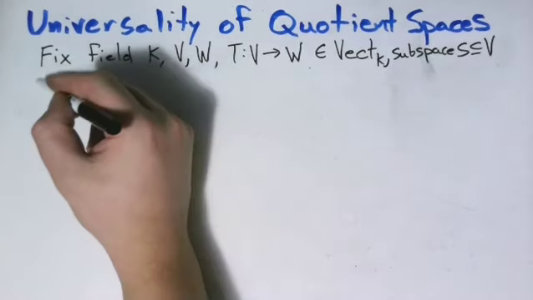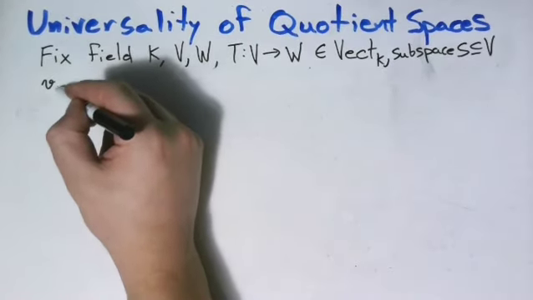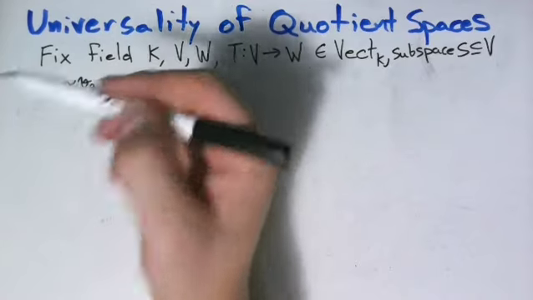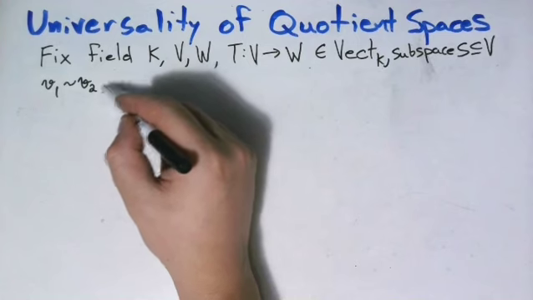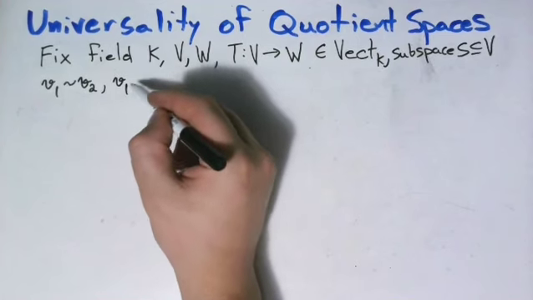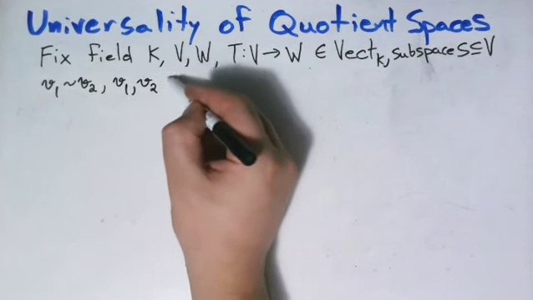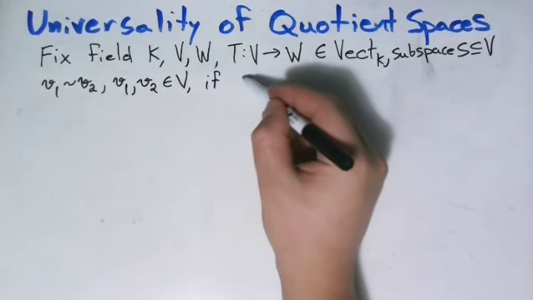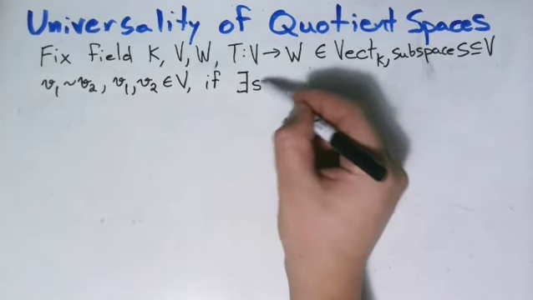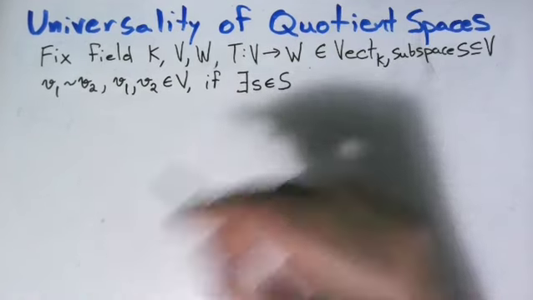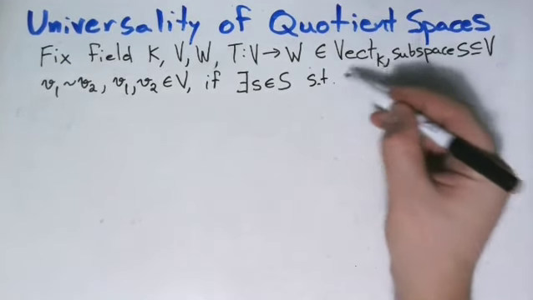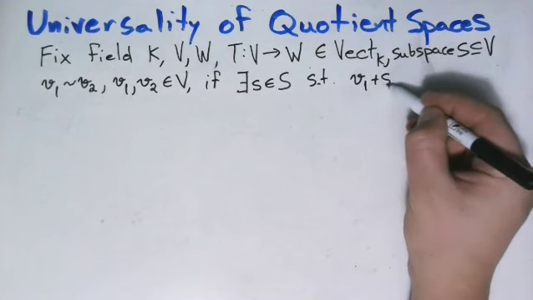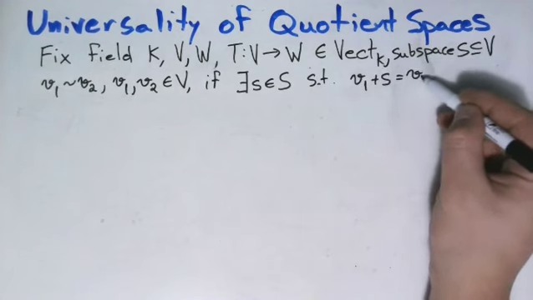and let's define v1 is related to v2 by tilde, for v1, v2 in V, if there is some element s in S such that adding v1 to s gives you v2.